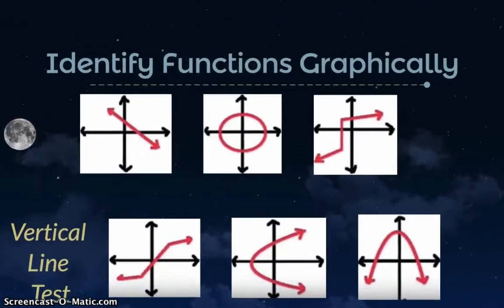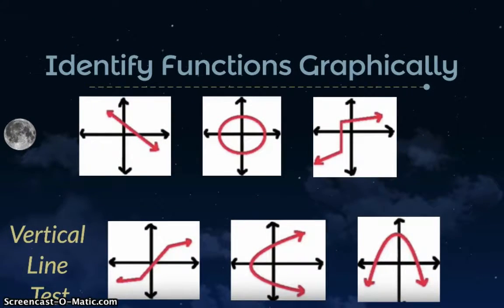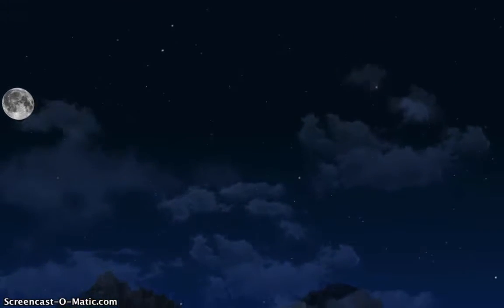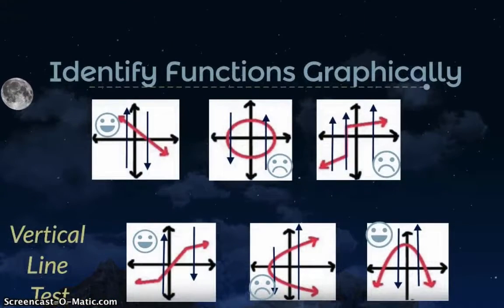Speaking of graphs, if you have a series of graphs, you can draw vertical lines on each of them, and that's going to look just like these. Where you notice the smiley faces, those are functions, and sad faces are not. You notice that these vertical lines only pass through one point on the graph.